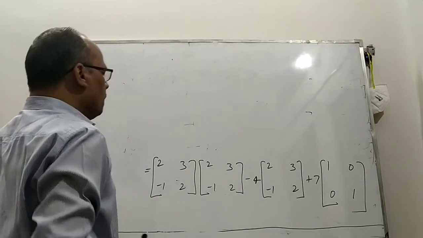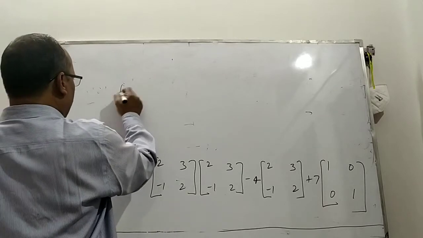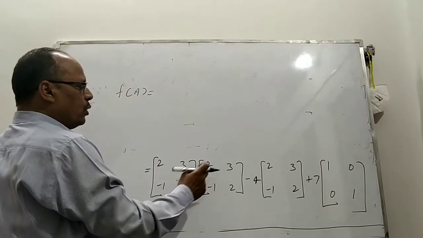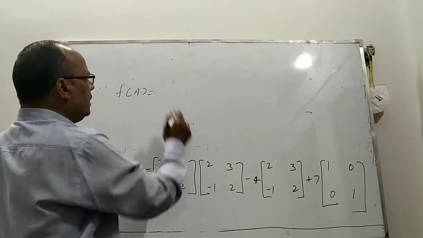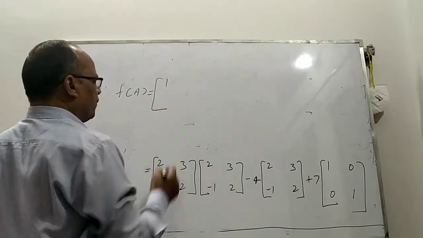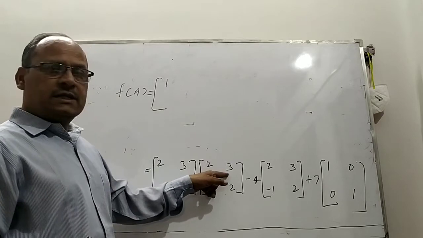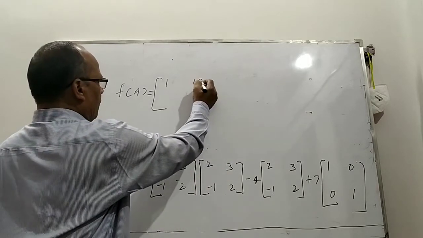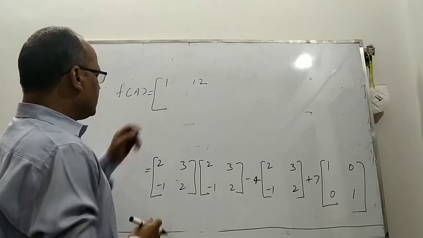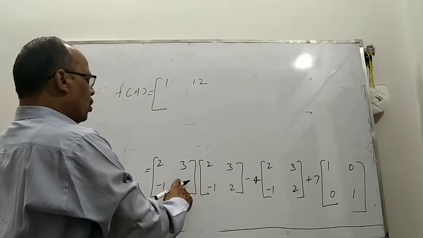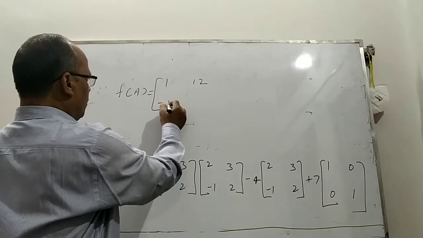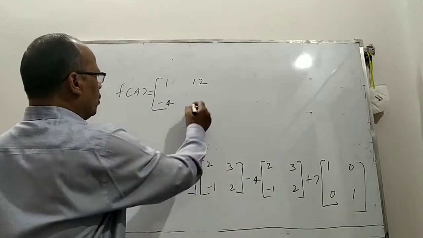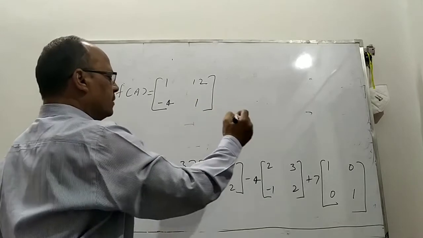What will be this value? f of A: the first row is 2 into 2, 4, or 4 minus 3, which is 1; 2 into 3, 6, plus 6, 12. Minus 2, or by this minus 2, minus 4. Minus 3 plus 4, this will be 1.